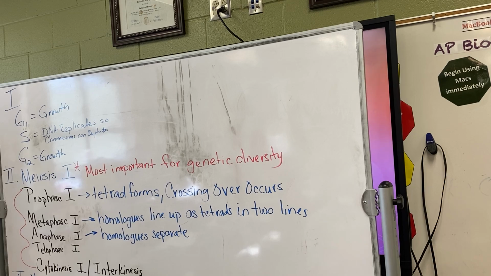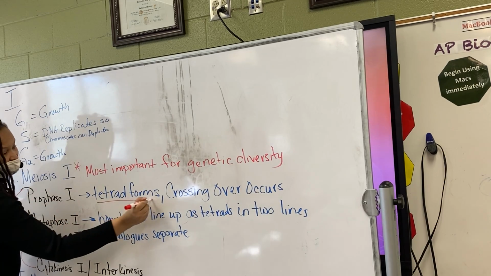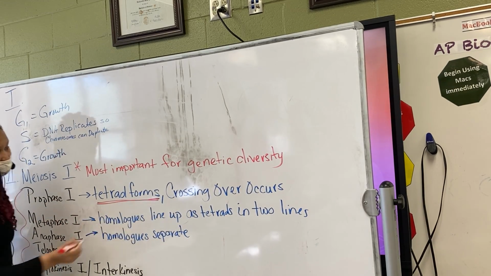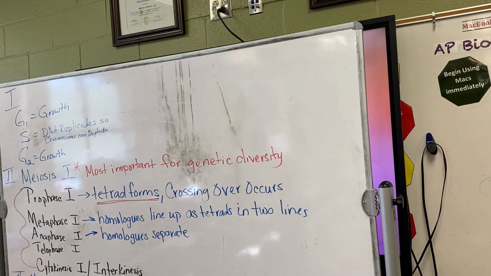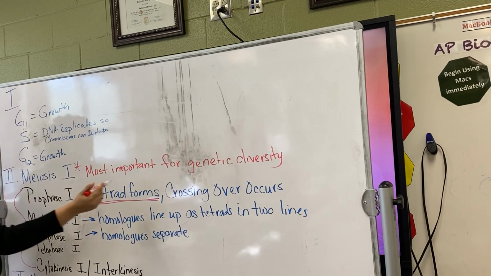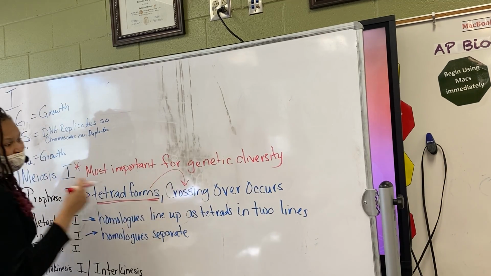The difference is a tetrad is going to form instead of them getting in a straight line. So they're going to form a tetrad, which means side by side, right? Those homologous chromosomes get side by side, and they do that so that the non-sisters can exchange genetic information. So the tetrad forms so that crossing over can occur.